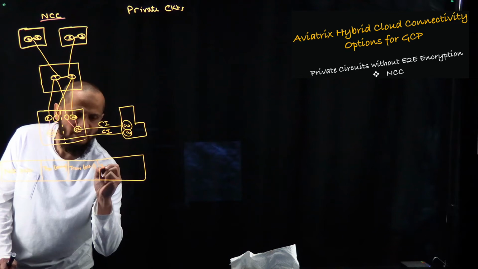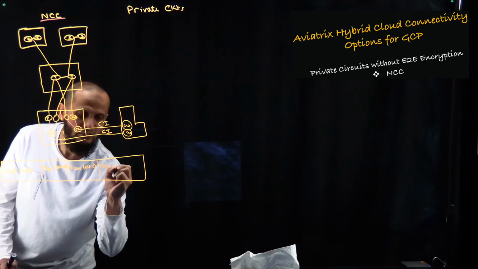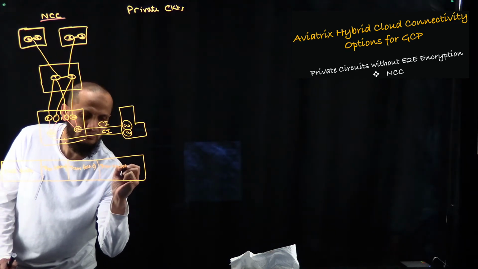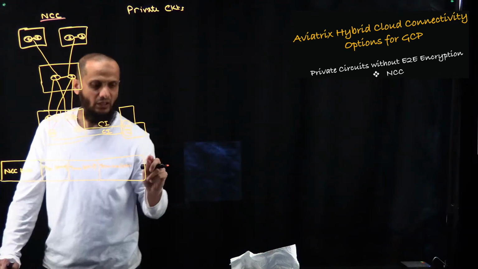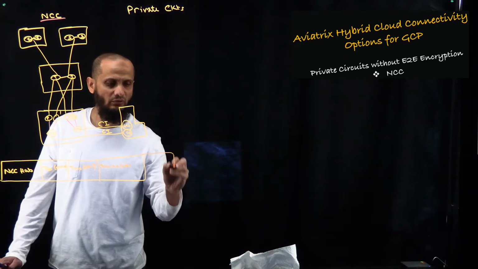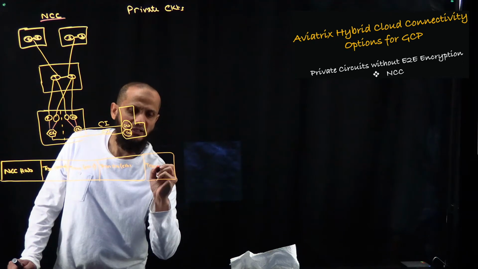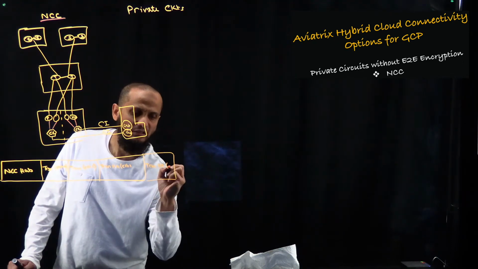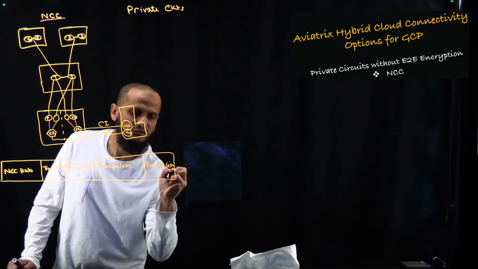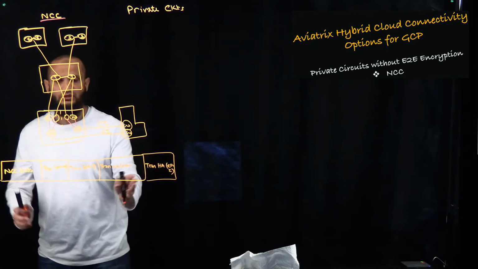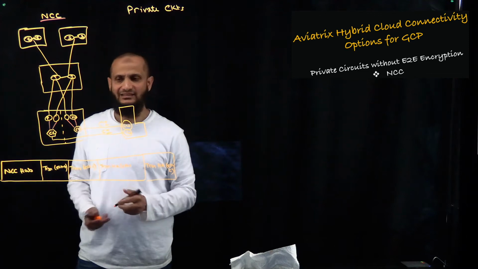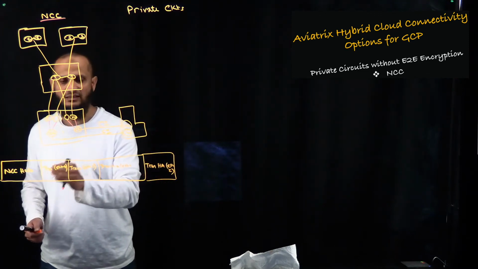This is your transit HA, eth1, and one more over here, transit HA, eth2. So they're all part of your NCC and become the NCC spokes.